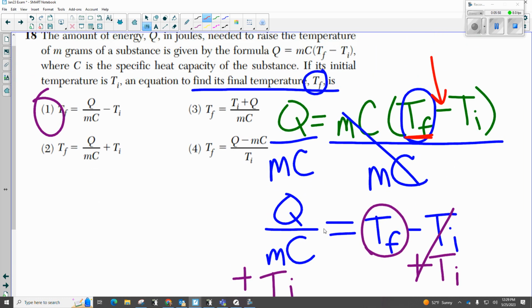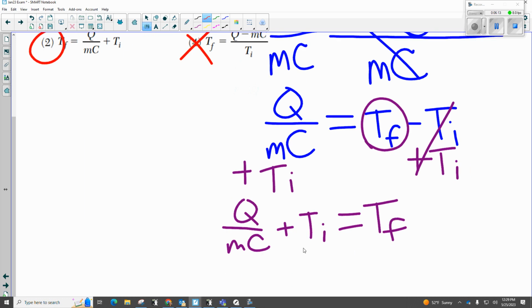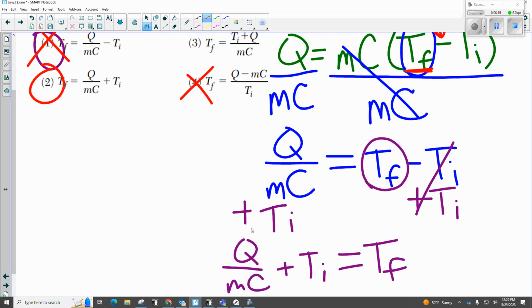Hopefully you guys noticed that. It is not 1, it is 2, because what I was just going to say was we should eliminate the 2 options that have subtraction happening, because we're always going to have to work backwards to get a variable by itself, just like solving an equation. So we needed a plus there. So the correct answer is 2. Sorry about that.